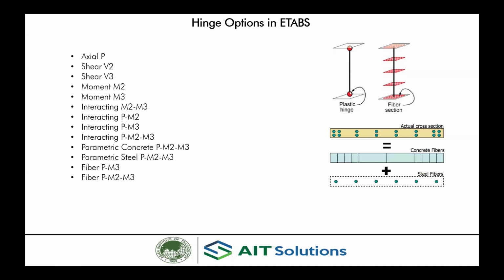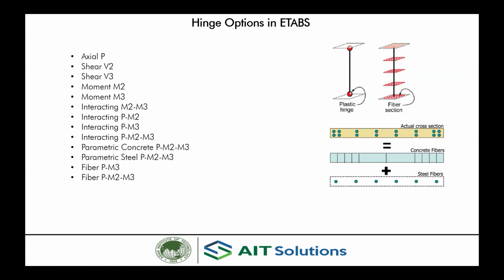Now, the list shown in this slide shows all the nonlinearities that can be used in ETABS, and some of these can be used for both frame and area elements. Mostly your axial, shear, and moment hinges will go to beams, or columns, but mostly beams. Axial hinges go for brace components.